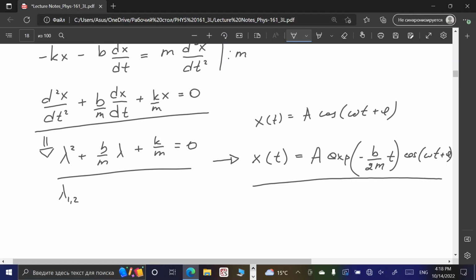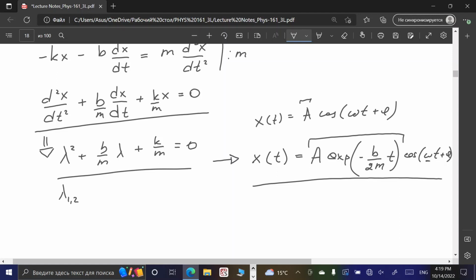The first difference is this time-dependent amplitude. Here we had constant amplitude A. In the presence of drag force, this amplitude will exponentially decay over time. So that's the first key difference which should be taken into account.